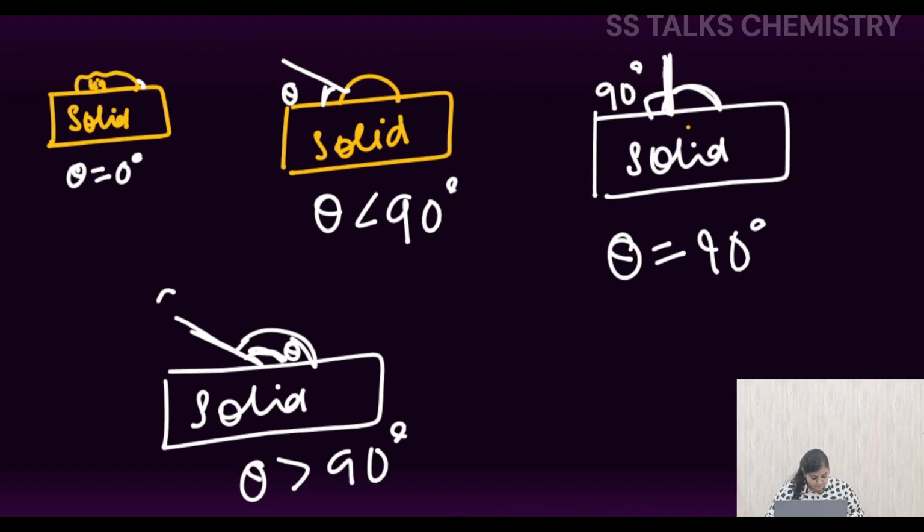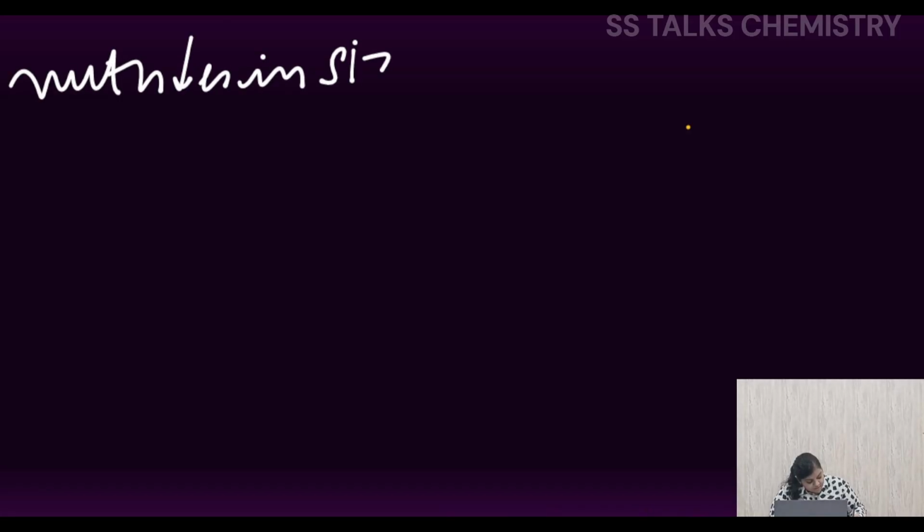Now what happens as you go from bulk materials to nanomaterials? The wettability is basically increasing. With the decrease in size, or as we go from the bulk to the nanomaterials, the wettability increases.